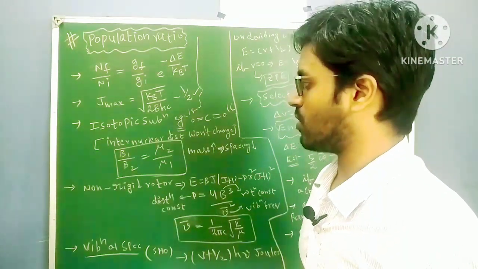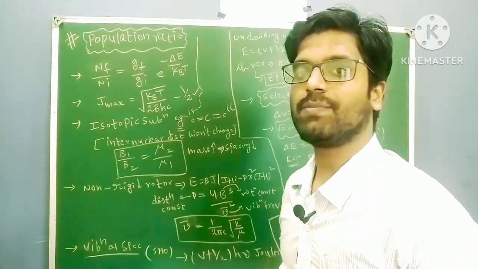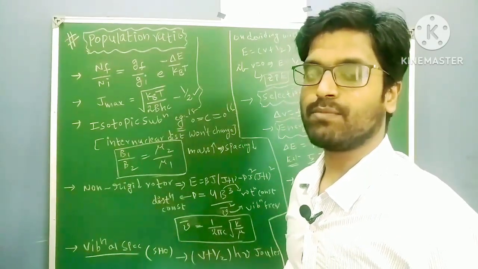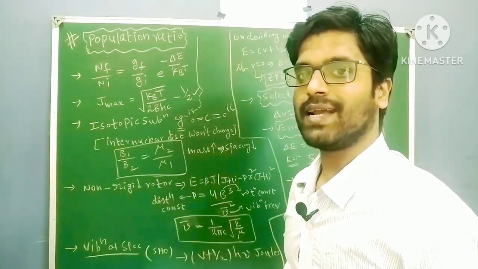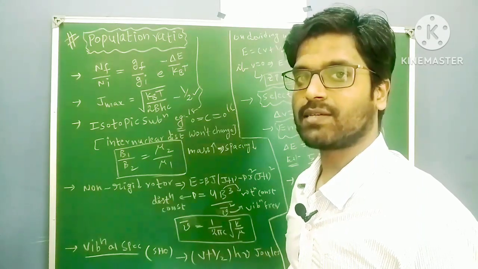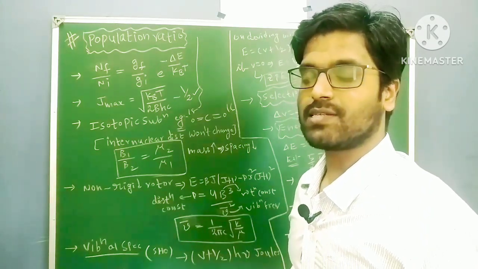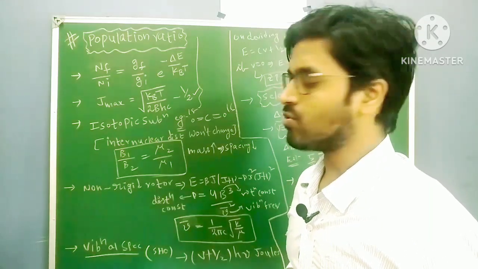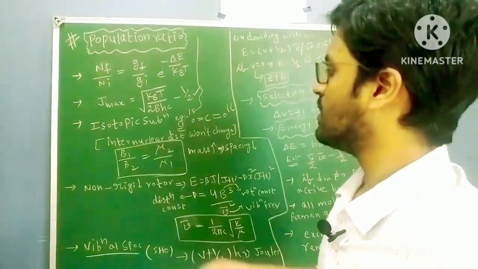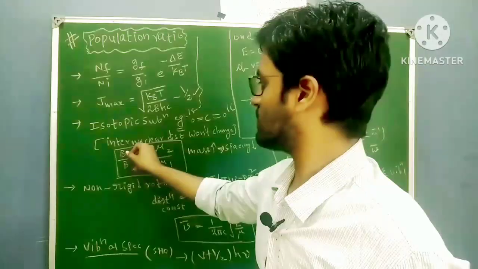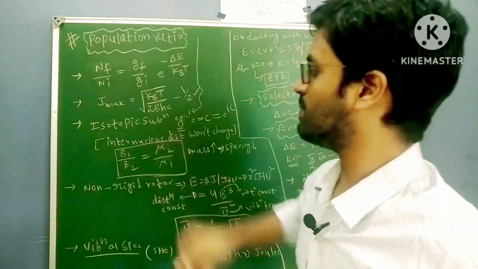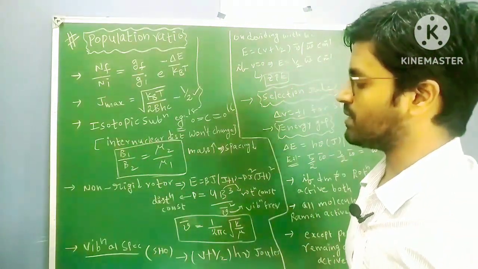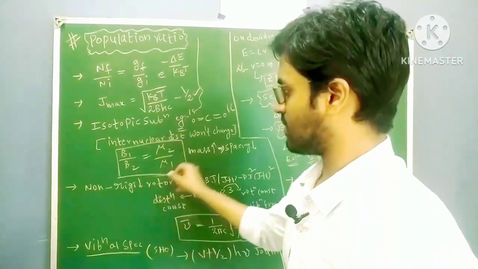That means R will not change. B equals h by 8 pi square I c. You know this. I is nothing but mu R square. So h by 8 pi square mu R square c. So the internuclear distance is not changing, and whenever the internuclear distance is not changing, B is not changing. So B1 by B2, if you just take the formula of B, h by 8 pi square I c, that means h by 8 pi square mu R square c, you will get this equation.